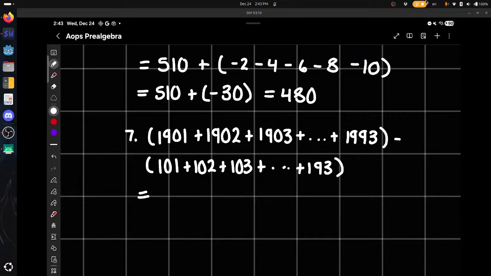So I know that negation or subtraction distributes over all of these numbers right here. So those are all negative. But then, okay, what's the result here? And how many numbers are here?